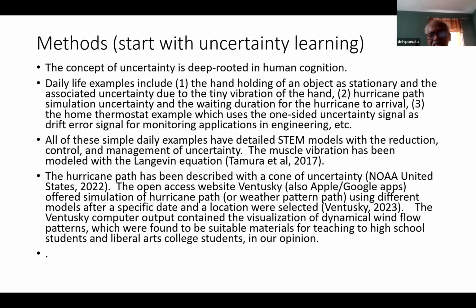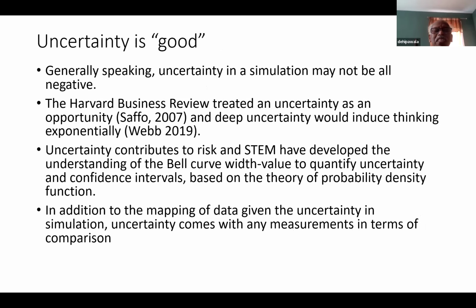Everything has an uncertainty limit, not only position. Generally speaking, uncertainty is a stimulation, and may not be all negative. You see a couple of examples, but I don't want to go over all of them because I want to get to the end.